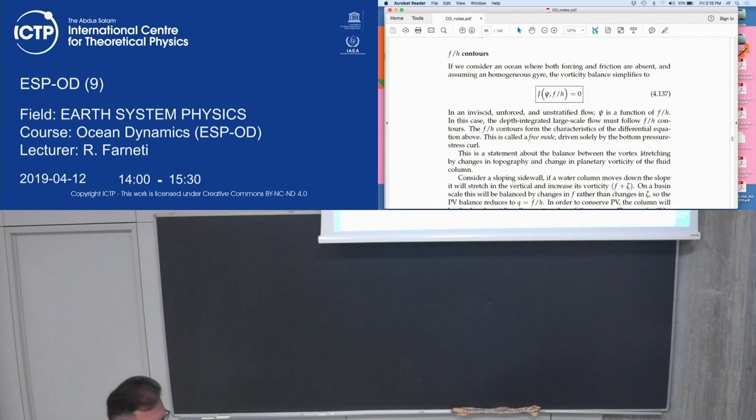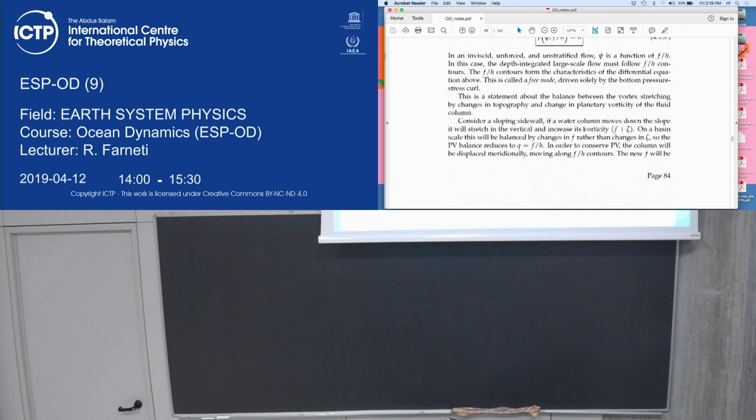In order to conserve potential vorticity, it will change planetary vorticity. So as it goes down a slope, it will try to conserve potential vorticity by changing planetary vorticity, so it will induce a meridional flow. That's why topography can induce a meridional flow just by conserving planetary potential vorticity.